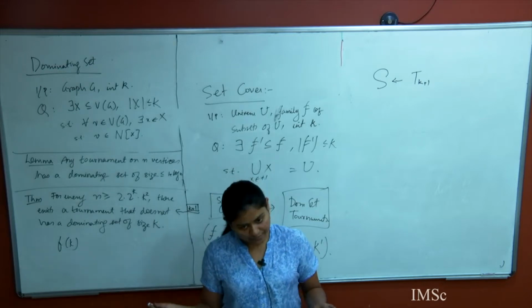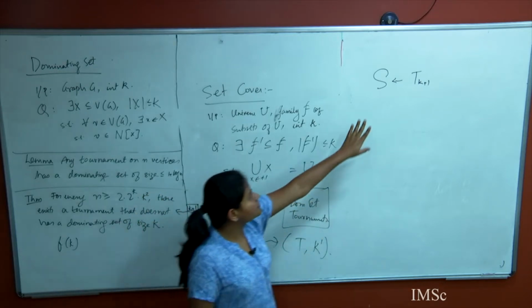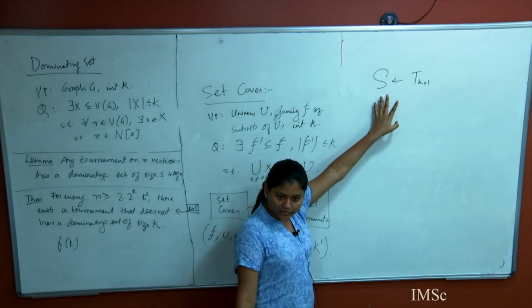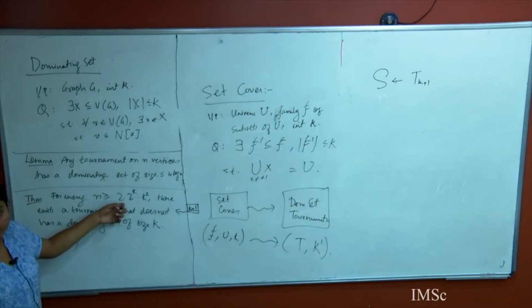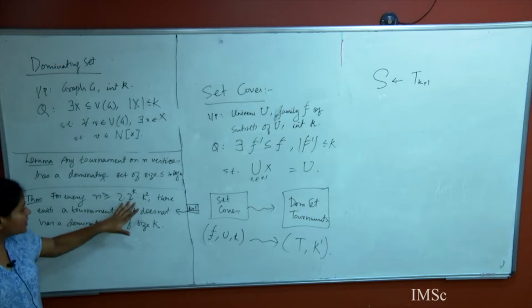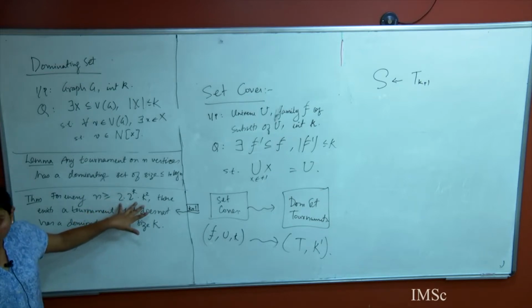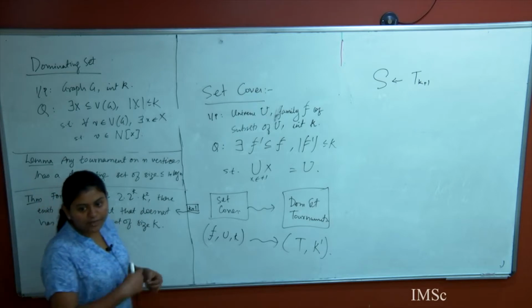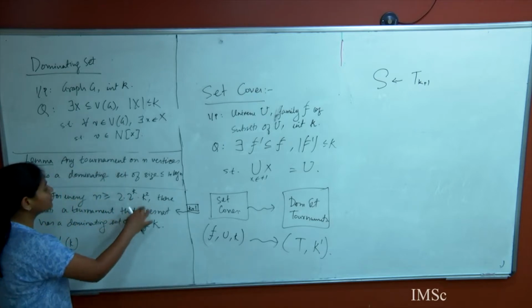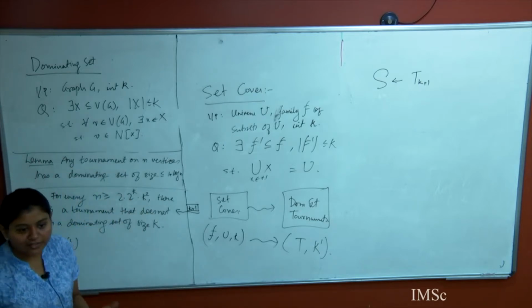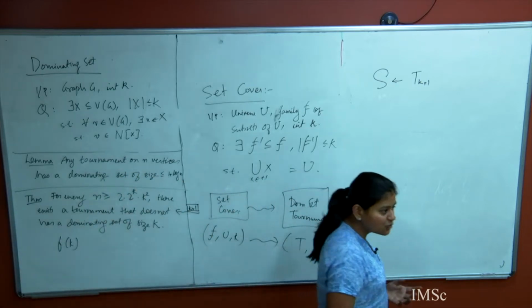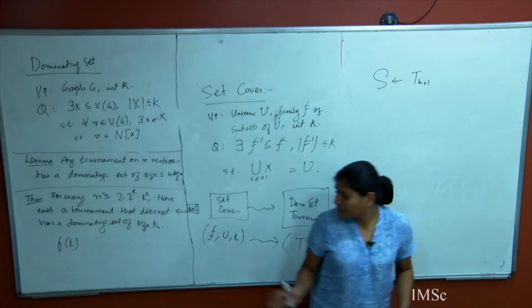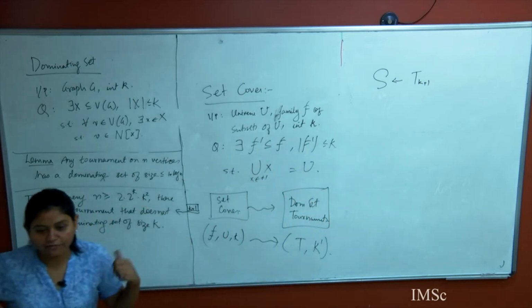We create one such minimum sized object, and we have a guarantee that it has at most this many vertices. It holds for every n, so in particular it holds for this value of n as well. For this many vertices, that is 2 into 2k into k square, we check if there is such a digraph, and we know that there will exist one, so we can find one. We have computed it, and we call it S.